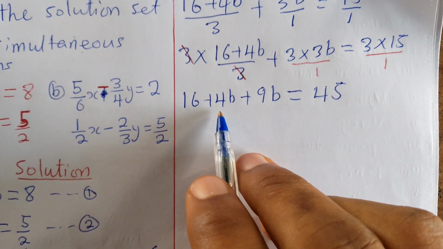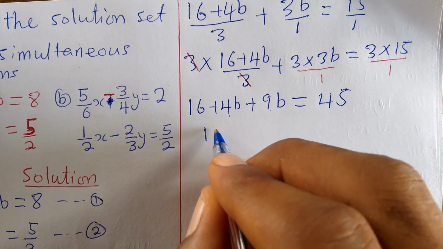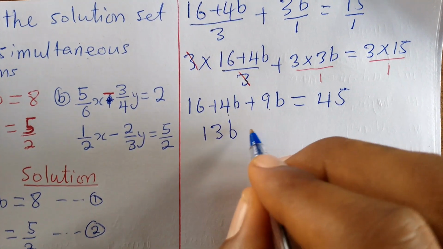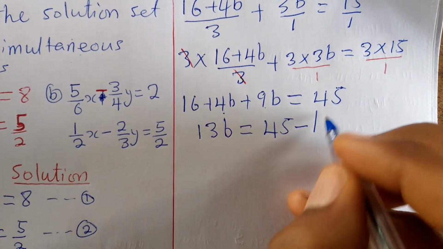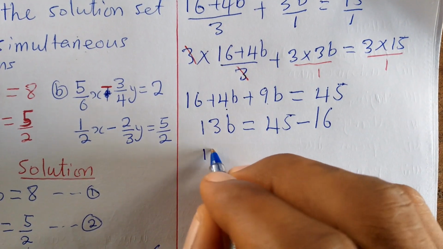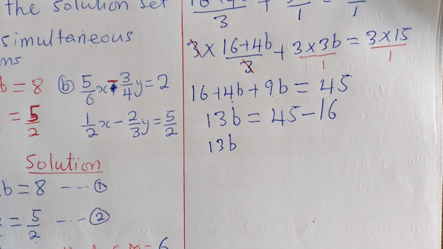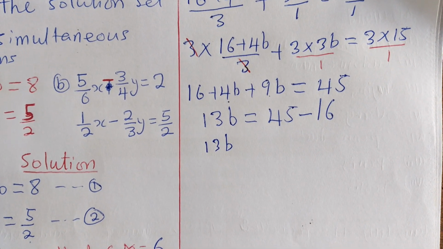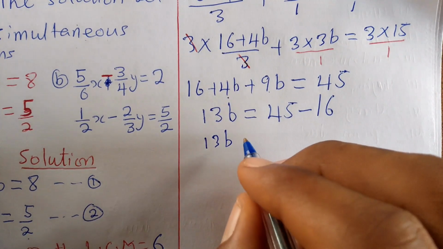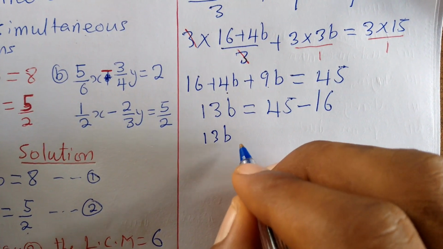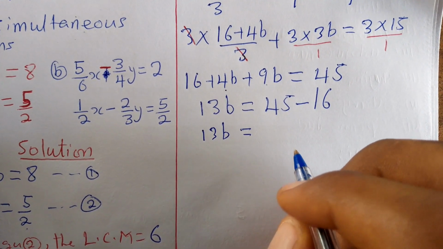So let me now group like terms. 4b plus 9b will give me 13b, which is equal to 45, then minus 16. So 13b is equal to 45 minus 16.